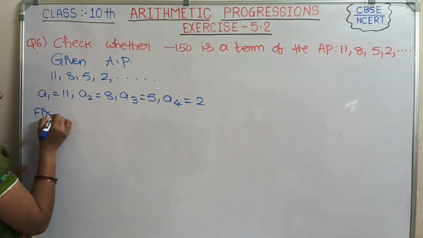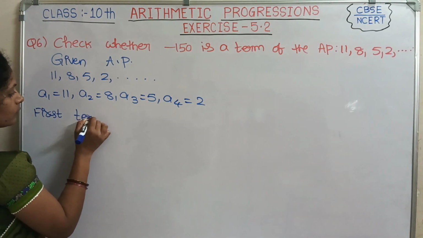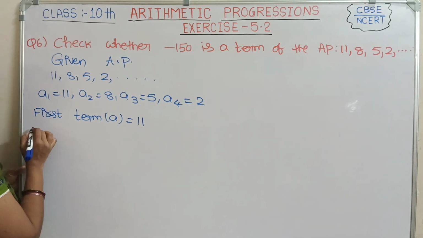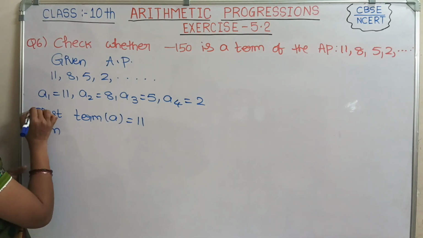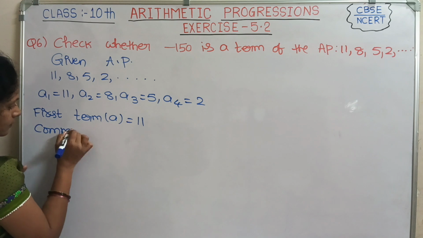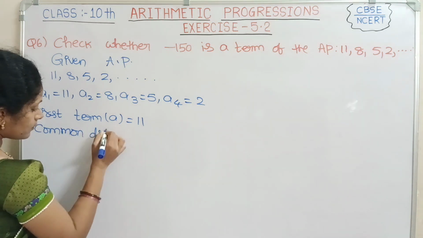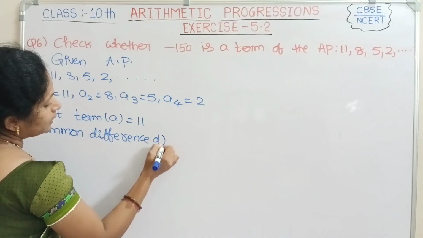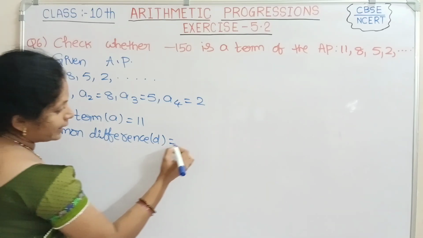First term A equals 11. Get the common difference. D is equal to A2 minus A1.